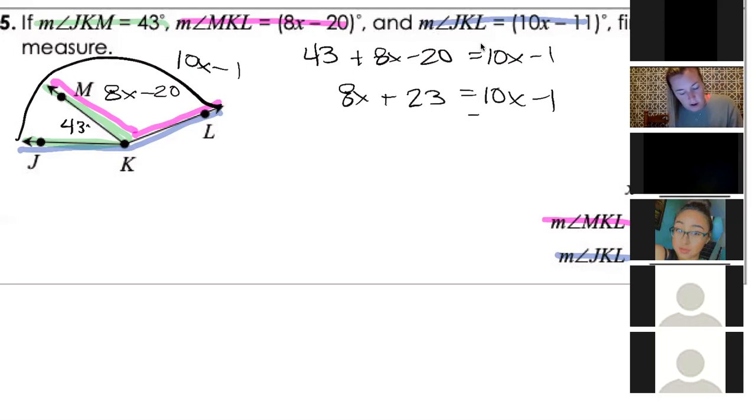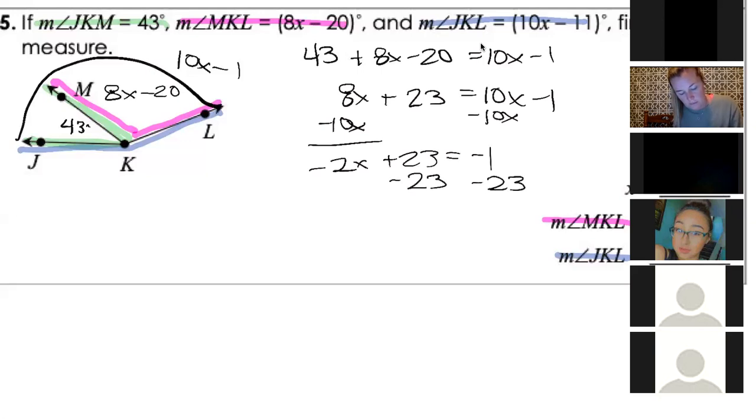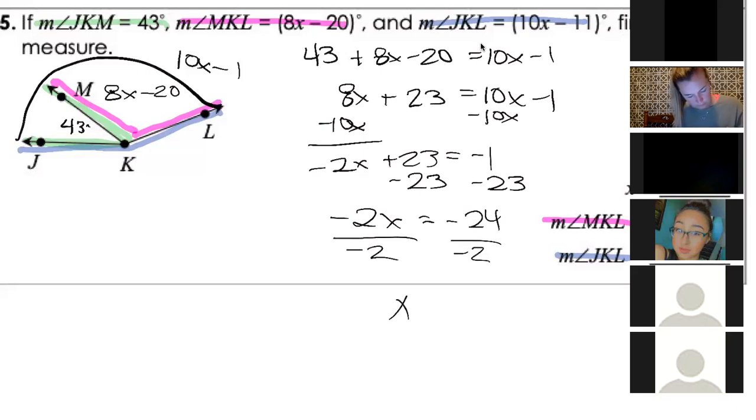And now we're going to get all of our x's on one side. Okay, so I'll let you sit on that for a second. So you find x equals 12.